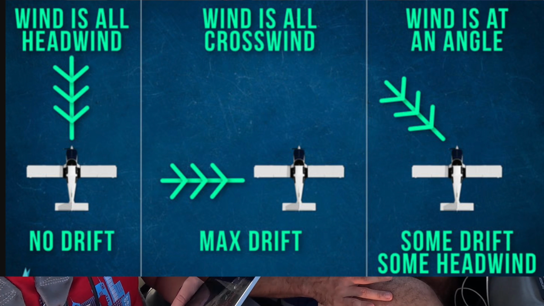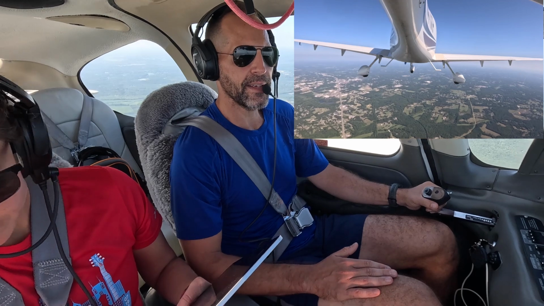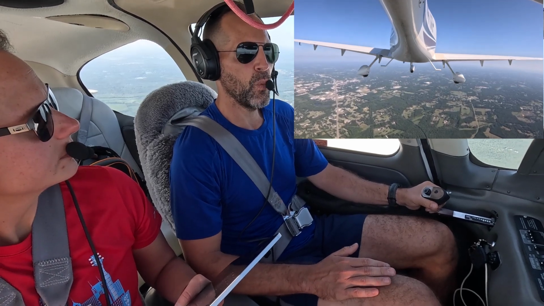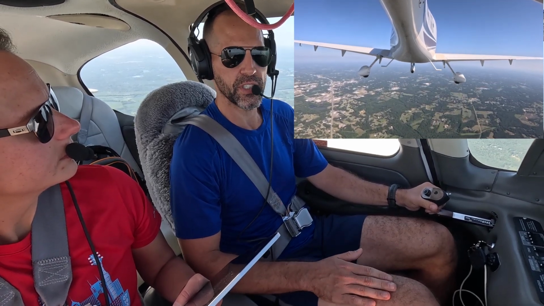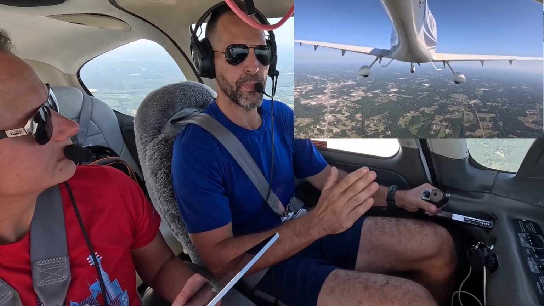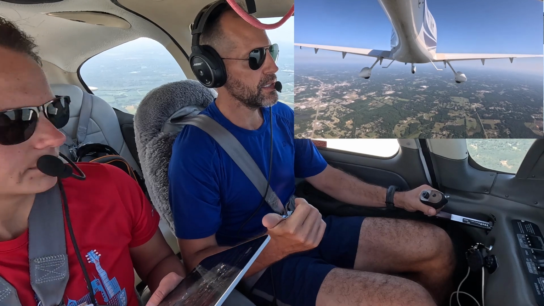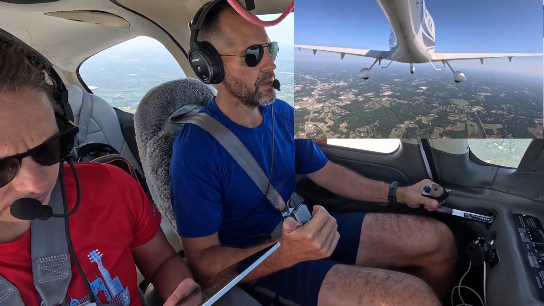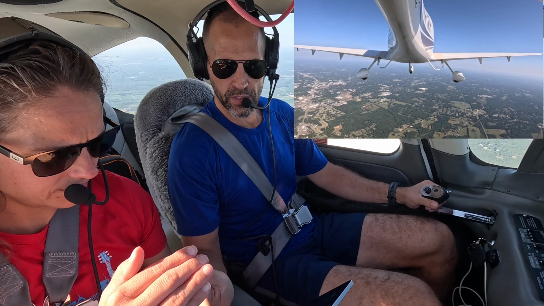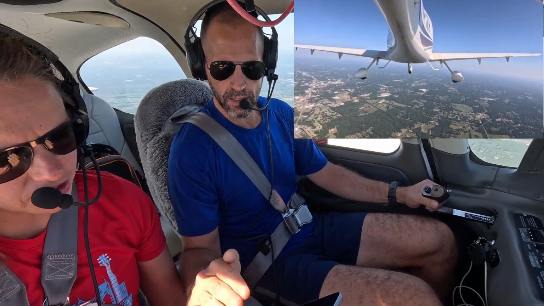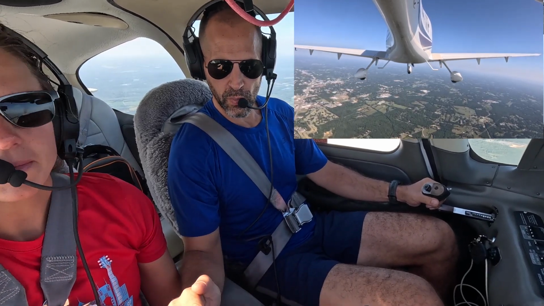For every 10 degrees to the left or to the right, you get 1/6 of that force pushing you away from the midline. So if it's 160 at 3, I'm changing it to runway, so it's 160 at 3.